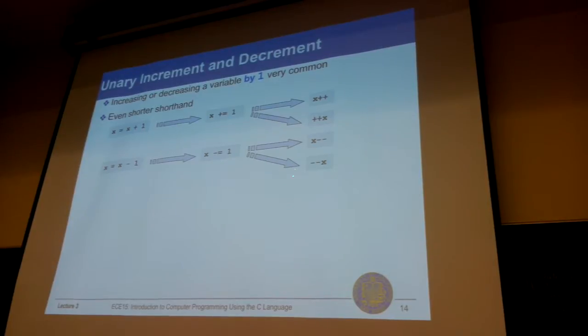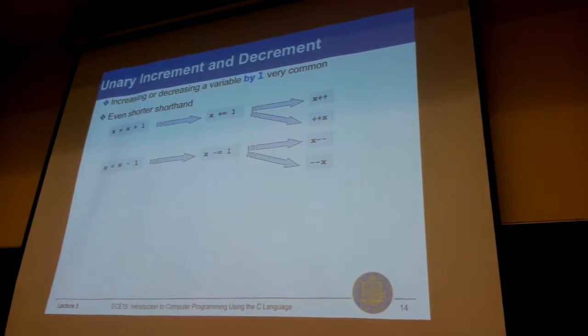You'll end up doing this a lot in your code as we introduce some further syntax and options in C. So there's an even shorter abbreviation for this, because obviously you could have written x plus equals 1, but you can also do this by writing x plus plus or plus plus x. Similarly, you can write x minus minus or minus minus x. These will increment x by 1, and these will decrement x by 1.